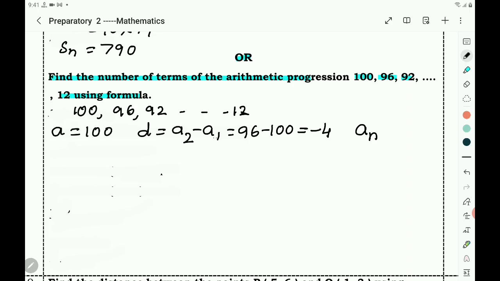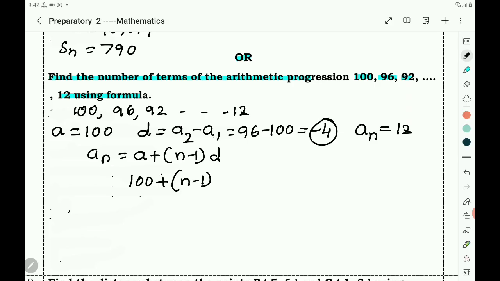And an is the last term, that is 12. Now write the formula for an. an equals a plus n minus 1 into d. a is 100. In the place of a, write 100 and write plus. n we have to find out, write n minus 1 only. d is minus 4, write it in the bracket. Equals, what is that an? an is 12, equals 12.